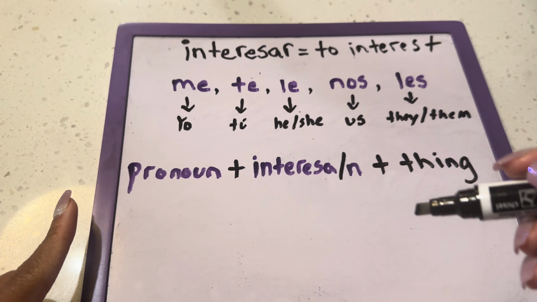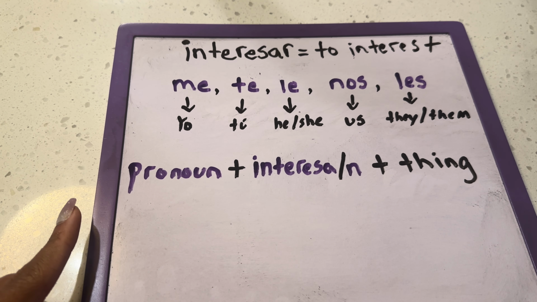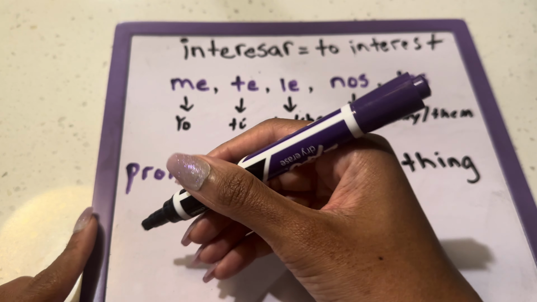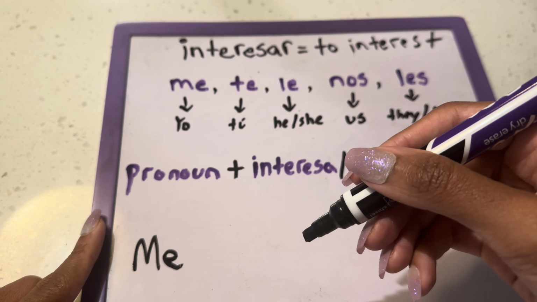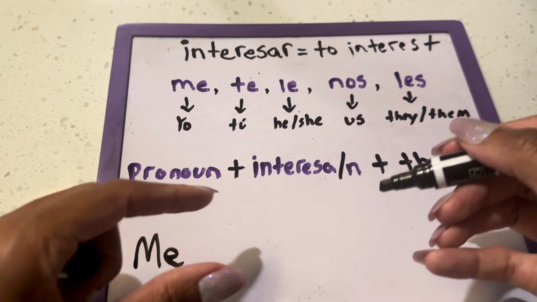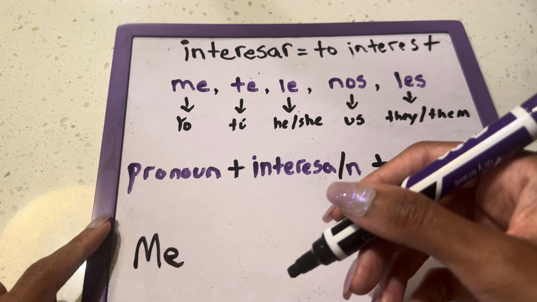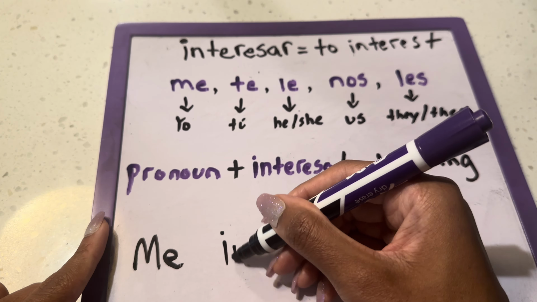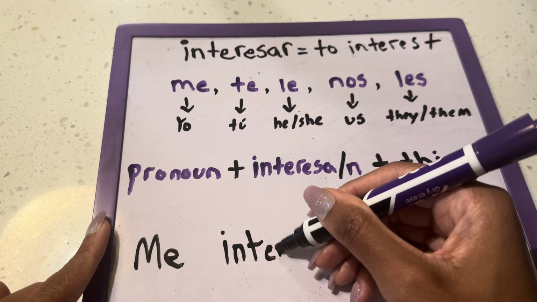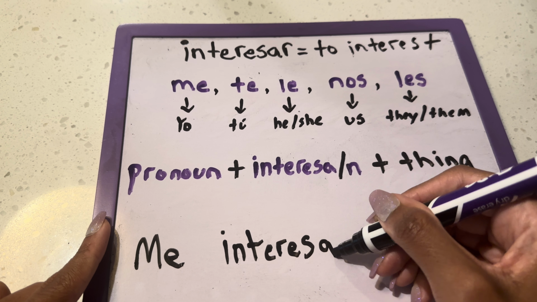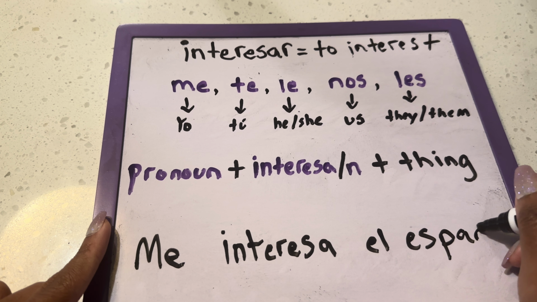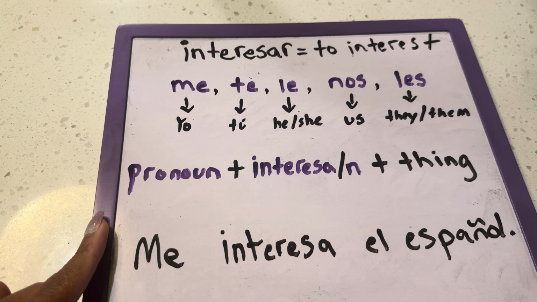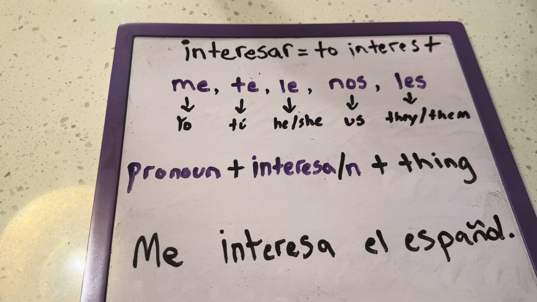Let's say you want to say, I'm interested in Spanish, or rather, Spanish interests me. In Spanish, it would more be conjugated like Spanish interests me, but we'll go over that in a minute. All right, me interesa el español.